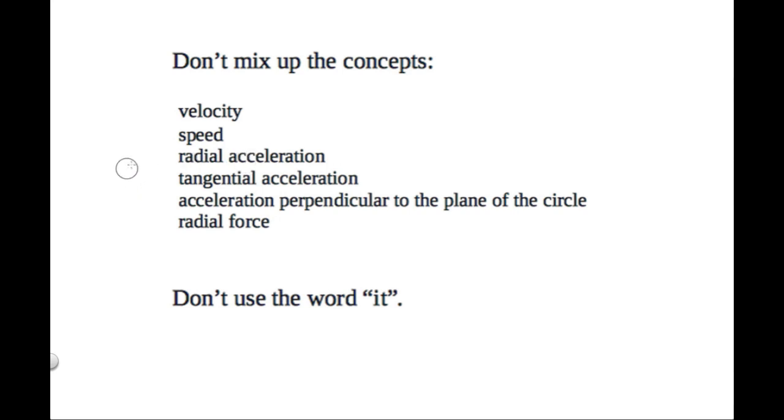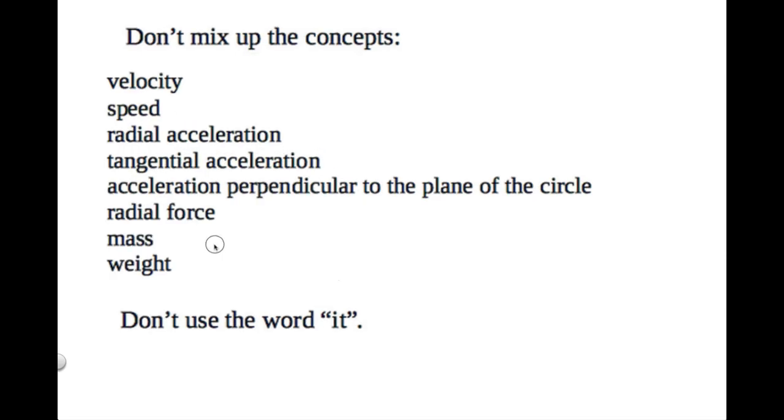Instead, say the velocity vector is tangent to the circle, or the speed measures how fast the object is moving, or the radial component of the acceleration points towards the center of the circle, or the tangential component of the acceleration indicates how the object's speed is changing, or the component of the acceleration that's perpendicular to the plane of the circle is 0, or the net radial force changes the object's direction of motion.